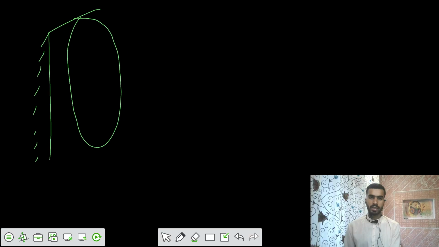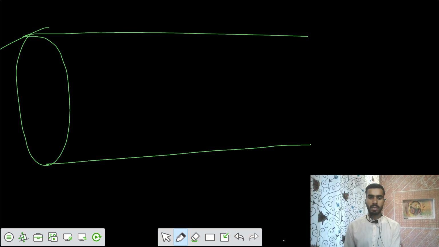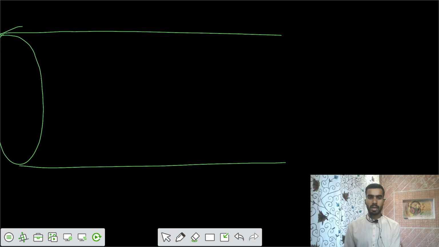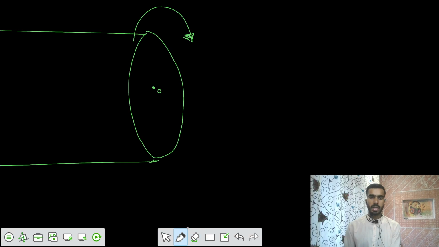You have the shaft here, and the shaft has some length L. There's some point O at the center. Now you apply the torque, let's say the torque T.